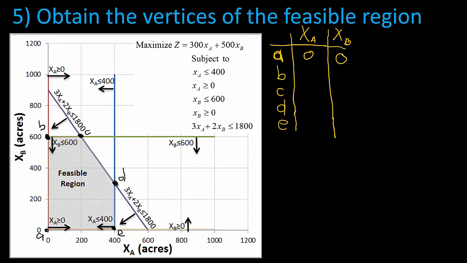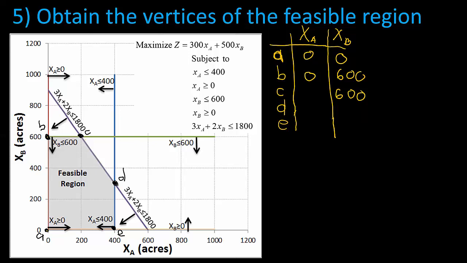So this is this point here. What about this other point? This will be 0, 600. What about C? For C, we know that on the y-axis it is 600, and we have an idea that it might be around 200, but we are not sure.